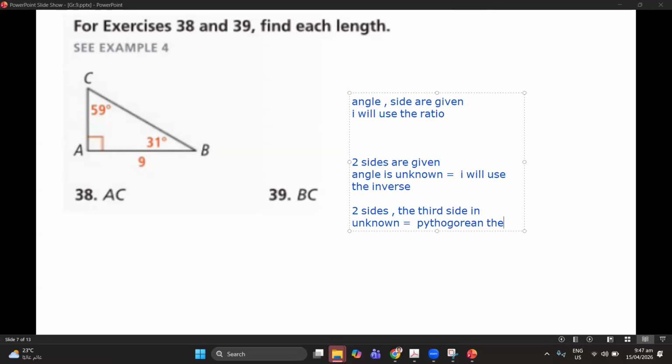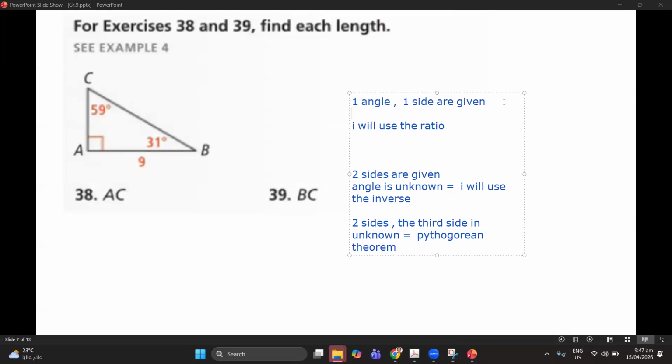This is for the first one. If one angle is given and one side is given, and I ask you to find the other side, which is unknown, I will use the ratio as we did in 38 and 39.